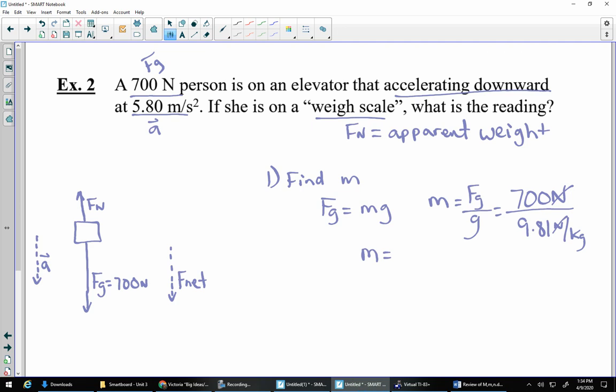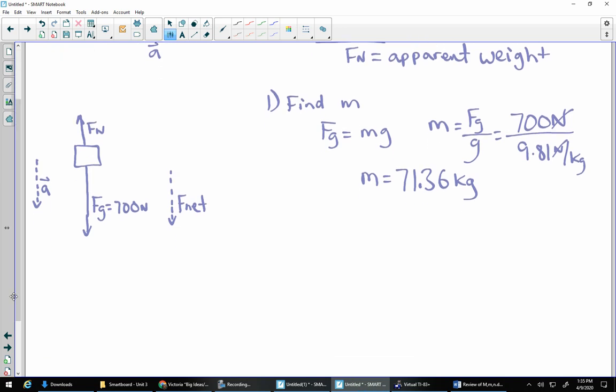So now I know that the mass is going to be equal to whatever 700 divided by 9.81 is. I think that is 71.36 kilograms. Cool. Now I think we can go back and start to look at, I'm even going to label these, number 2, F net is equal to mass times acceleration.